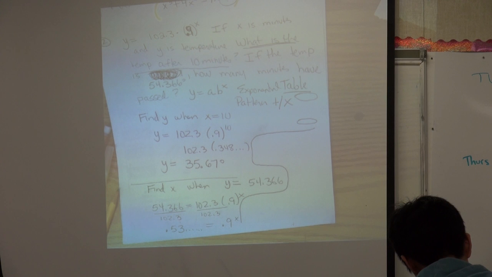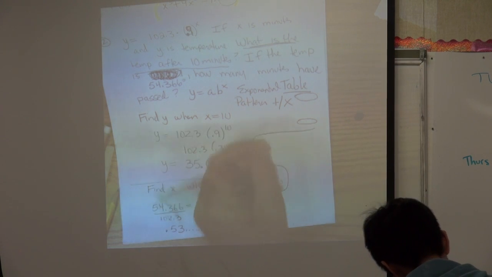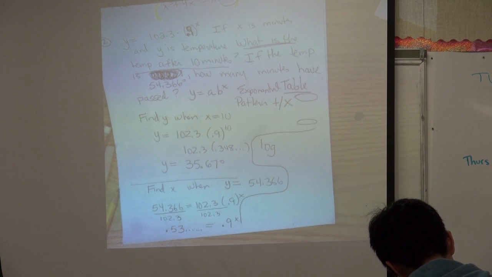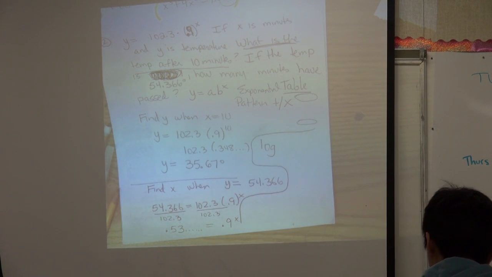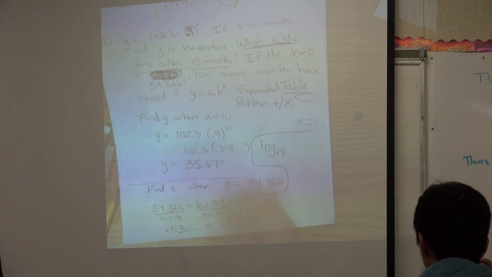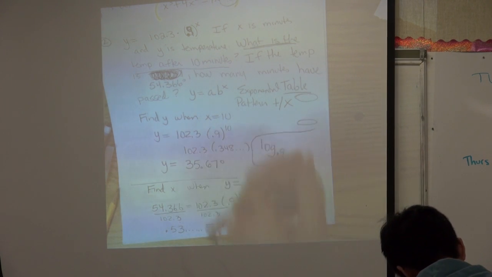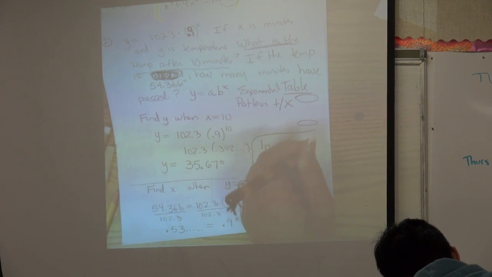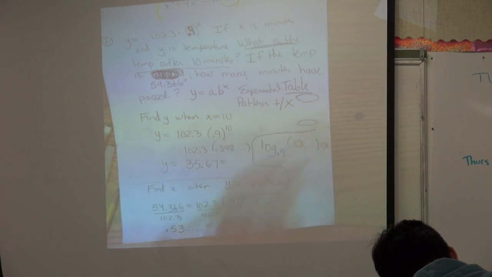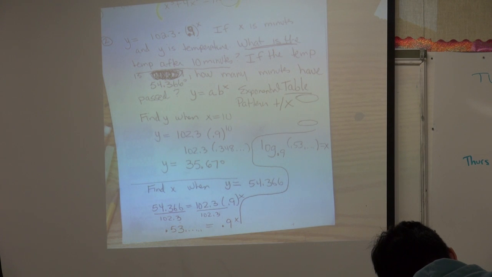So using logs. So when you change the form, the base is what doesn't change. So it's log base 0.9 of 0.53... because there was no need to round it, it's just sitting in your calculator.